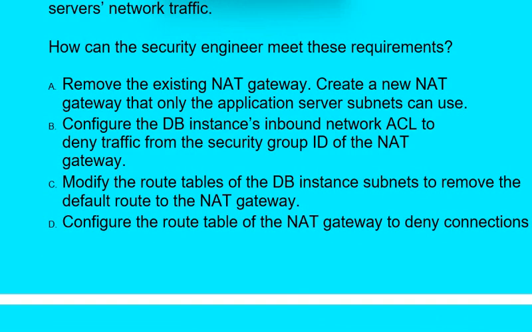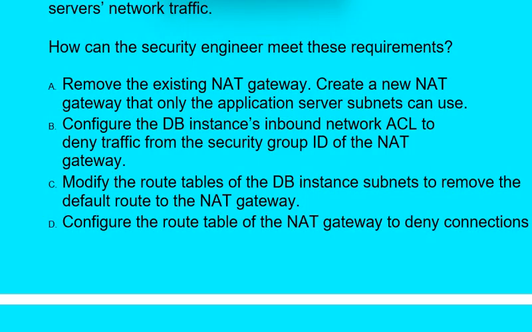Option A. Remove the existing NAT gateway. Create a new NAT gateway that only the application server subnets can use. Option B. Configure the DB instance's inbound network ACL to deny traffic from the security group ID of the NAT gateway.